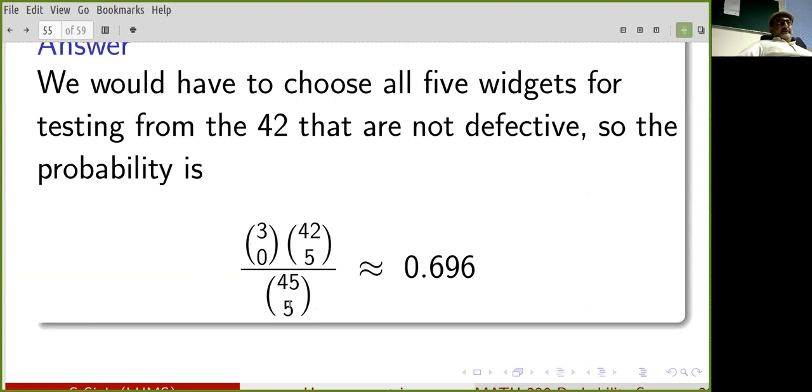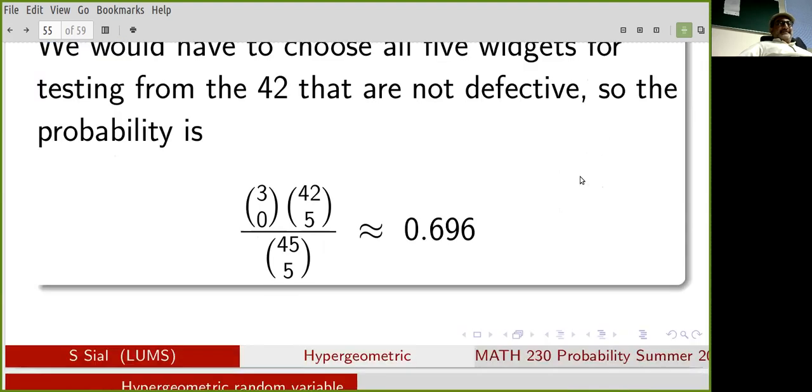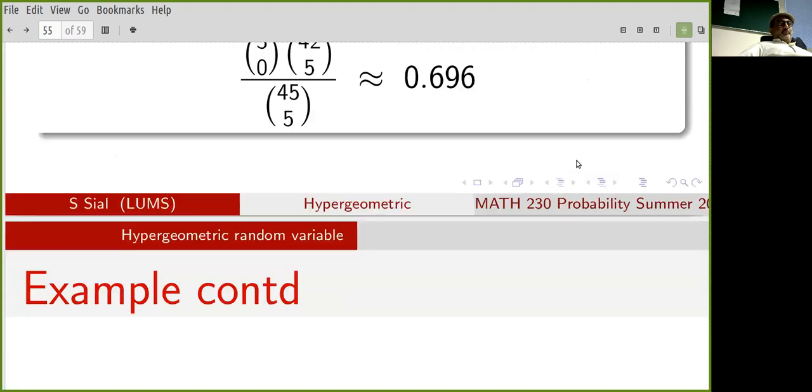And there are 45 choose 5 ways of selecting 5 widgets. That gives us approximately 70%. So if we have 3 defective widgets, there's still a 70% chance that we're going to ship those 3 in a shipment of 40.